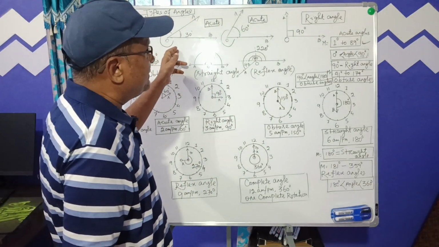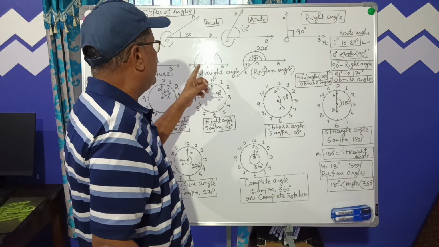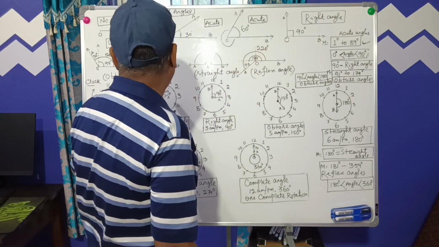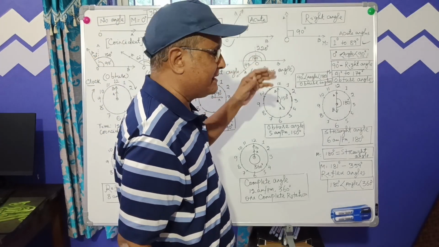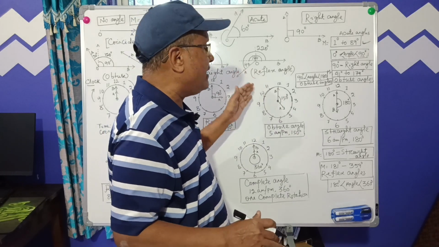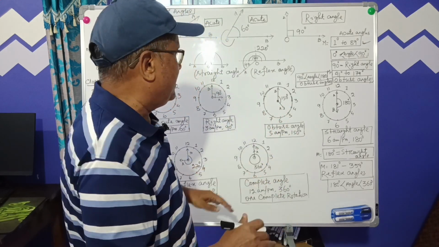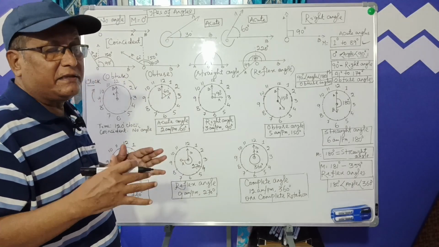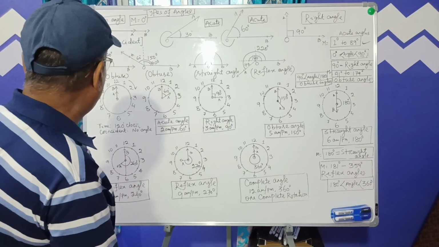So now we discussed acute angle, right angle, then obtuse angle, then straight angle, then reflex angle. So these are the types of angles according to their measure, meaning angle value, which is measured or expressed in a unit called degrees.